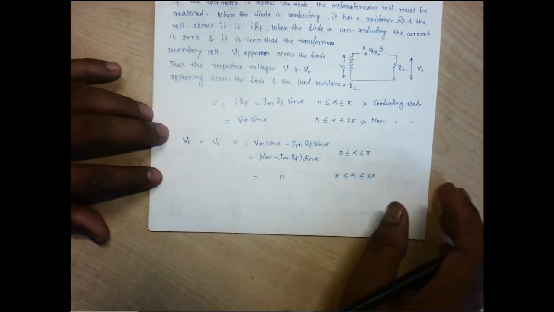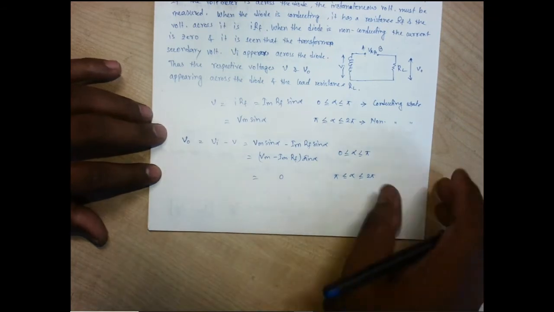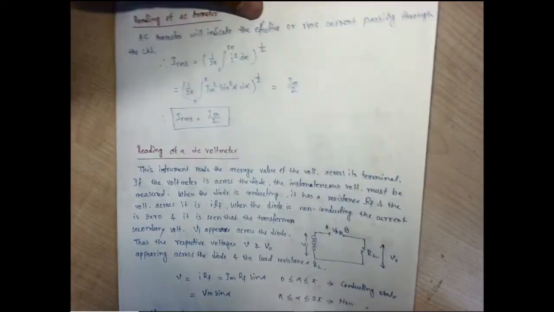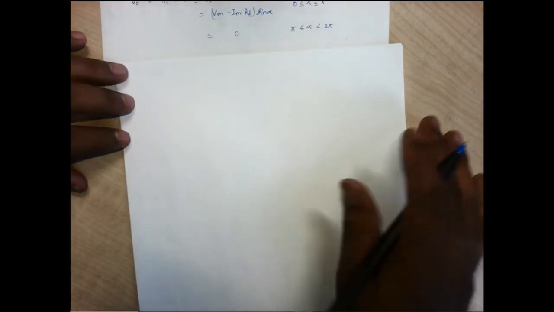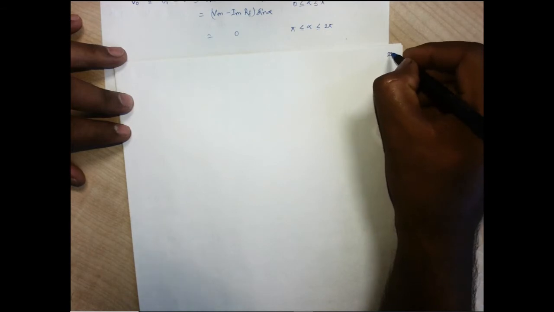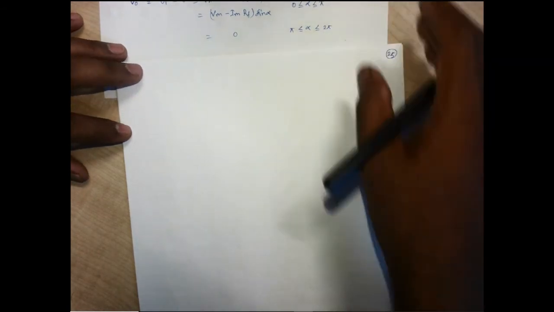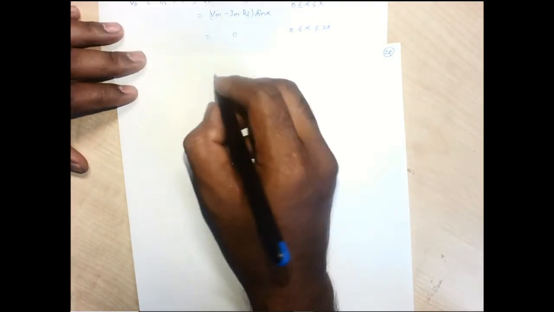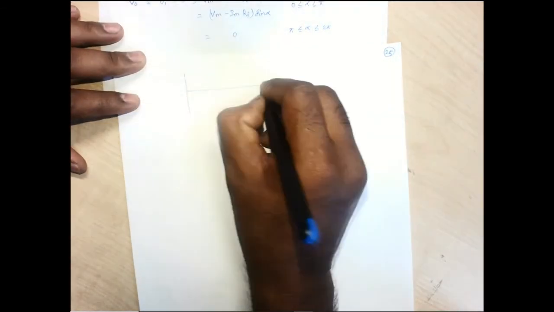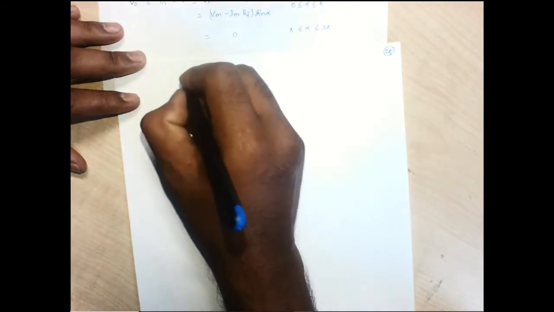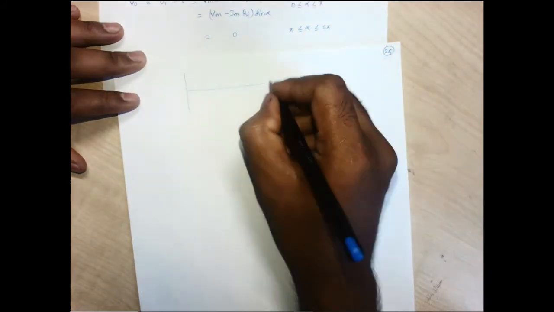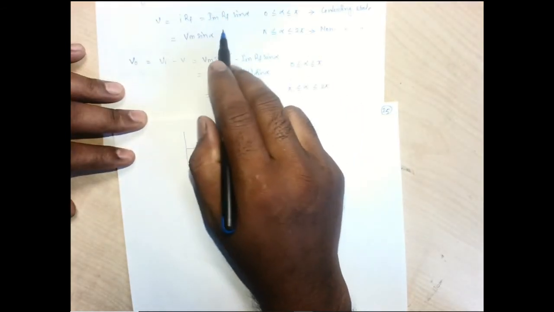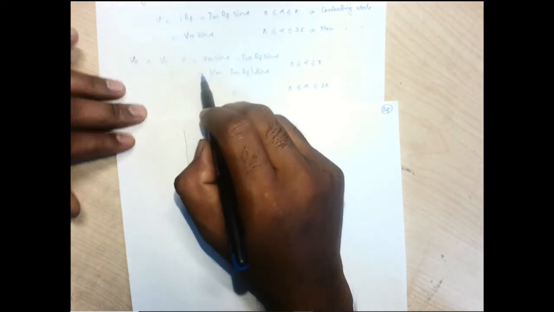Let me draw here the voltage across the diode. I am not at all drawing the input signal. I am only going to draw this drop across the diode and this output waveform.